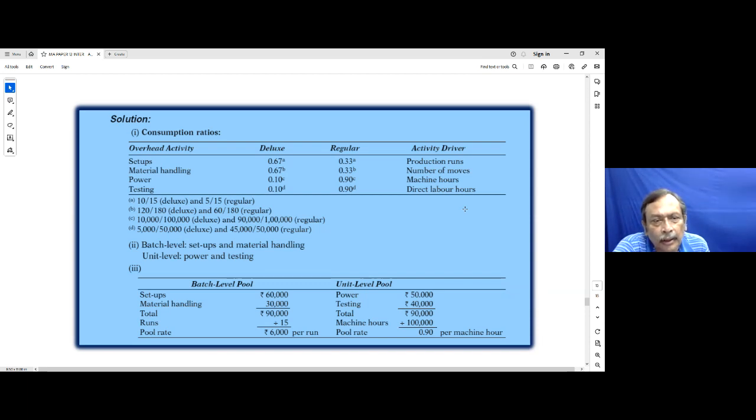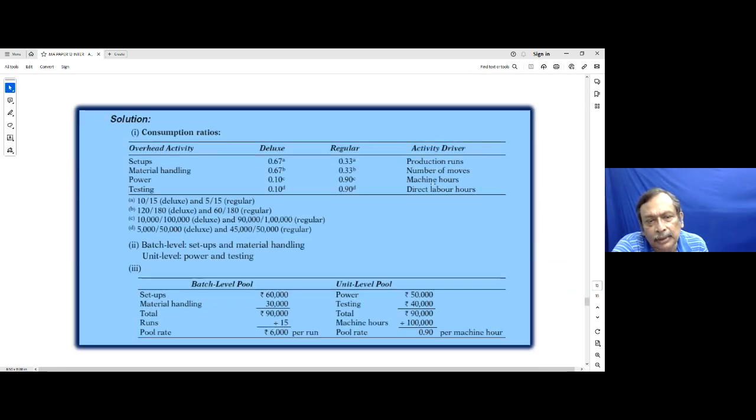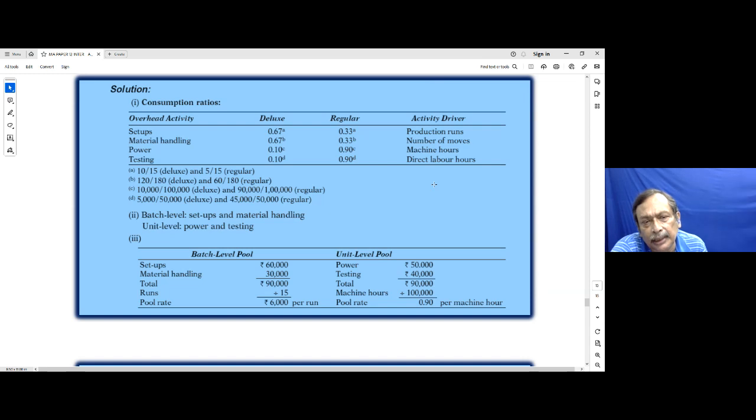Now testing, that is 5,000 divided by 50,000. Just have a look. Total direct labor hours are 50,000. For deluxe it is 5,000 and for regular it is 45,000. So the consumption ratio is automatically 5,000 divided by 50,000 for deluxe and 45,000 divided by 50,000 for regular.